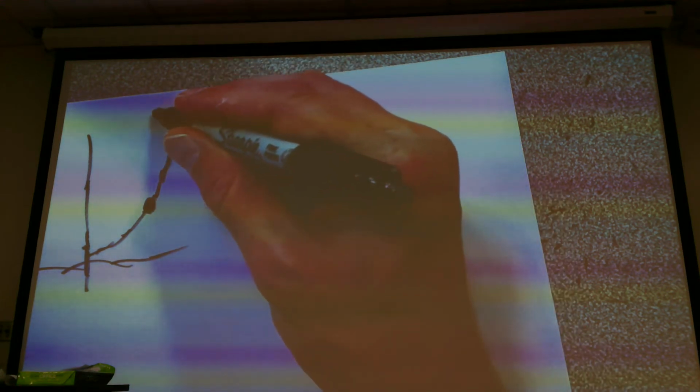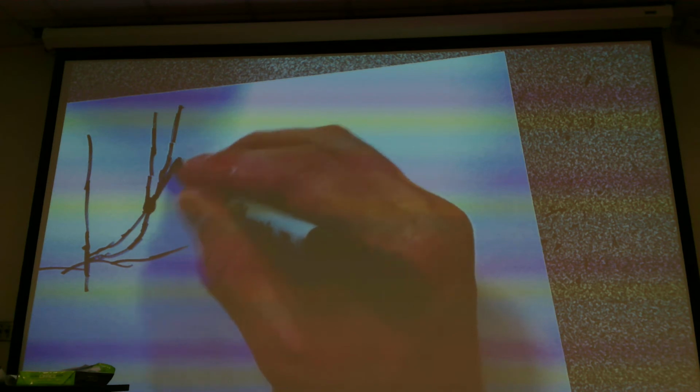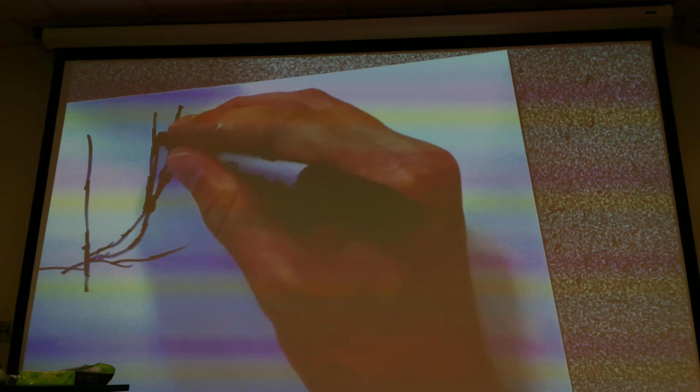Bigger one, let's put it right there. Left one. I can make it bigger. That's not that big a deal. So that's really what I'm talking about right there.